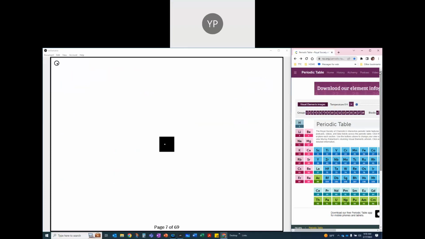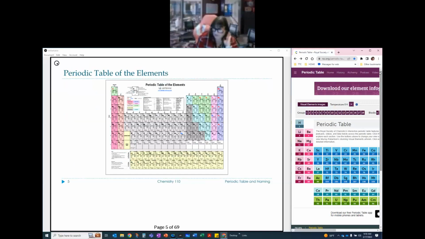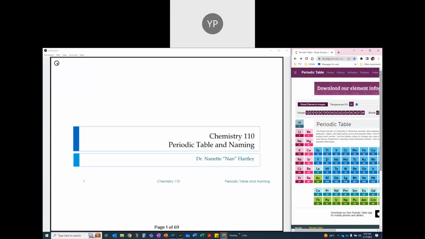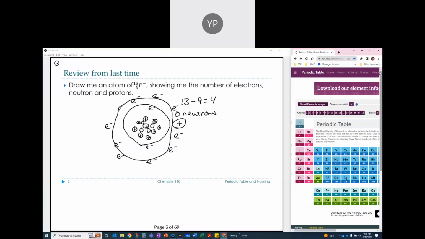For that one, it was fluorine-13.9 minus, I believe. So how did we get 10 electrons? Correct, because of that negative in front, that made it 10. And neutrons is just 13 minus 9.